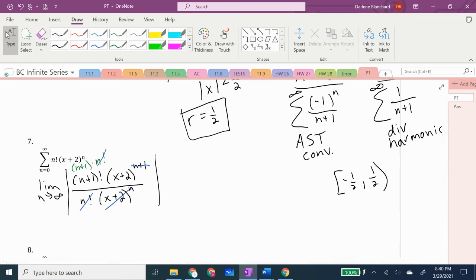So now what I have is the limit as n approaches infinity of n plus 1 over, nope, not over. We don't have a fraction. This is n plus 1 multiplied by x plus 2. If x represents a real number and n is heading to infinity, infinity times any non-zero real number is infinity.